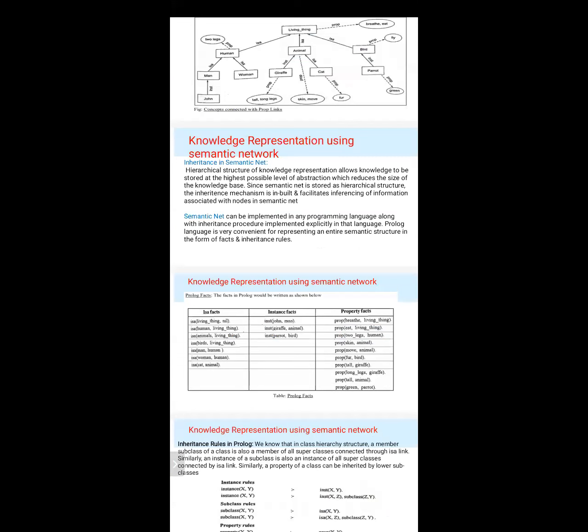Here, in order to represent the knowledge using semantic nets, I have used Prolog. Prolog means logic programming language. It is very convenient to represent the entire semantic structure in the form of facts and inheritance rules.